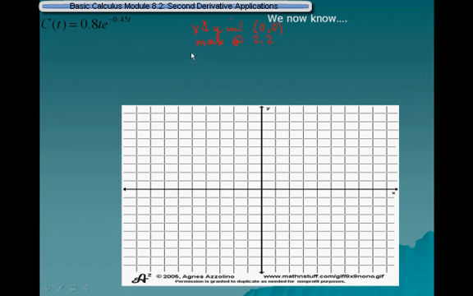We know that this function increases between 0 and 2.2. We know that this function decreases from 2.2 to infinity. We know that we have an inflection point at 4.4. We know that it is concave downward between 0 and 4.4. And we know that this is concave upward from 4.4 all the way to infinity.